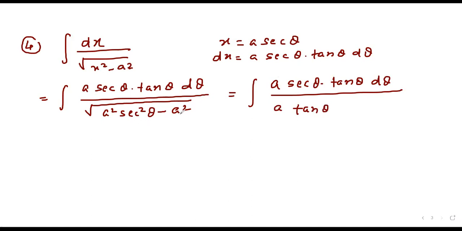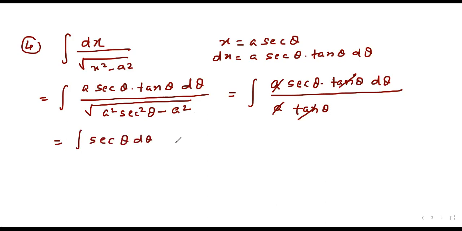Why? Because we can take a square common, then sec square theta minus 1 will be left. And when we remove the square root, it will become a tan theta. So tan theta will cancel out. A will also cancel out. So now we are left with integration sec theta d theta.